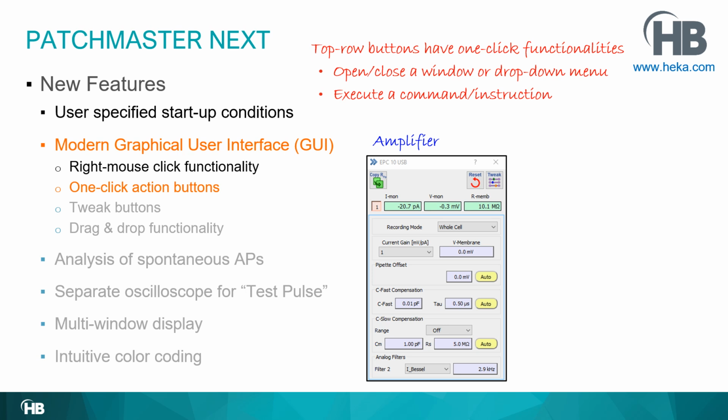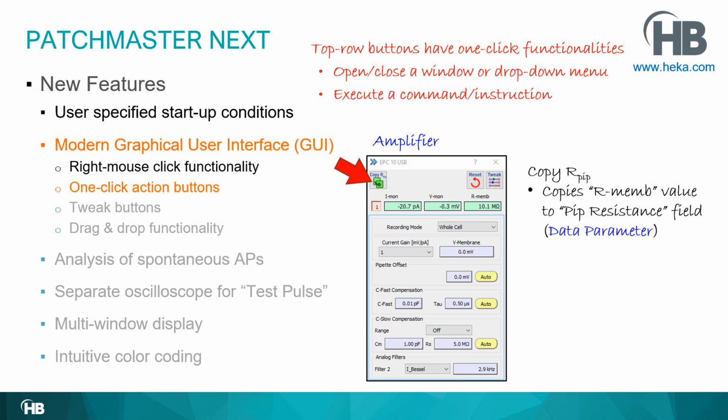Then there's this amplifier window, for example. Again, it has 3 top row buttons. Looking at the copy Rpip button, this is a button that executes a command. And what it does, it copies the Rmemp value to the pip resistance field in the data parameter window.